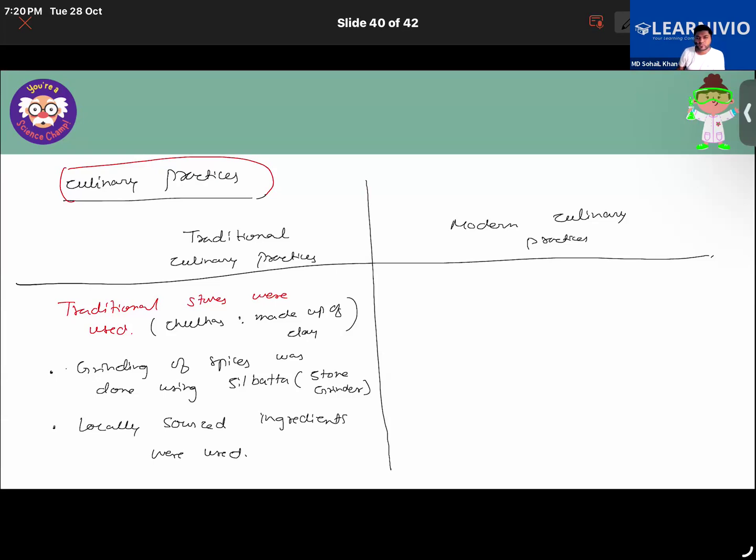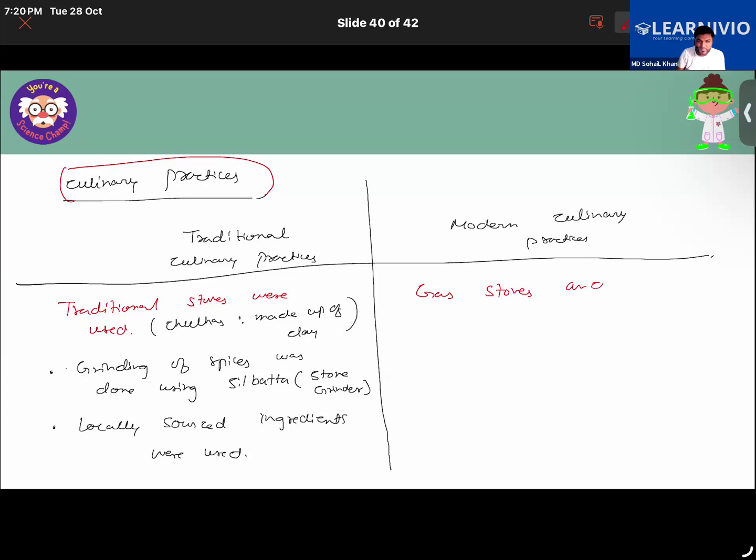As opposed to that, in modern culinary practices, gas stoves and electrical appliances have taken the place of the chulhas. We even have induction stoves nowadays, right?